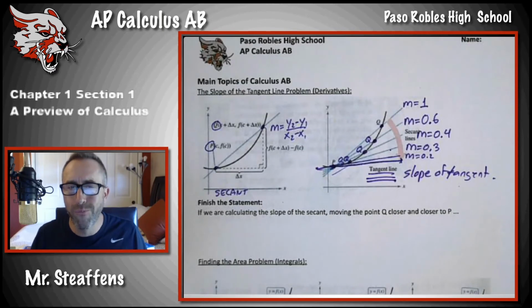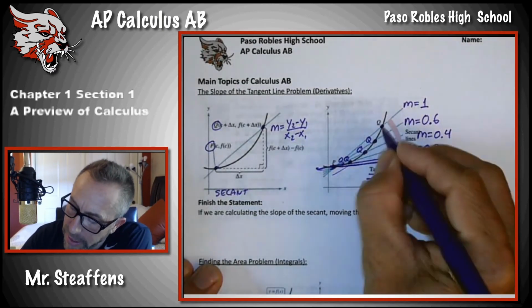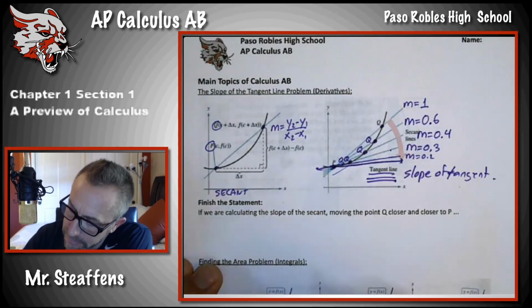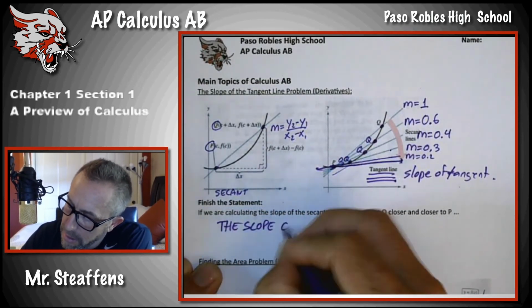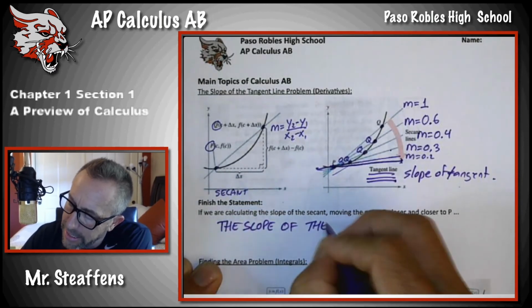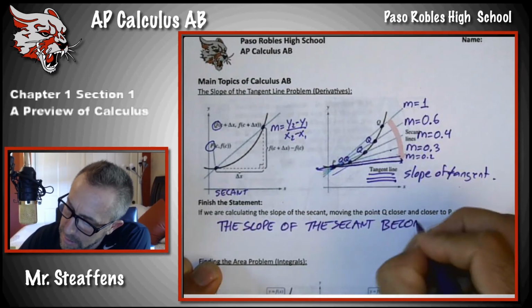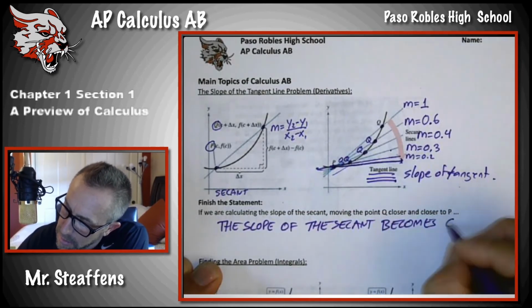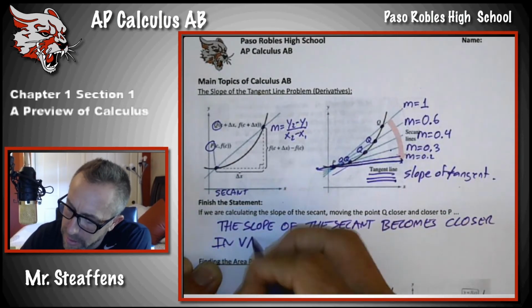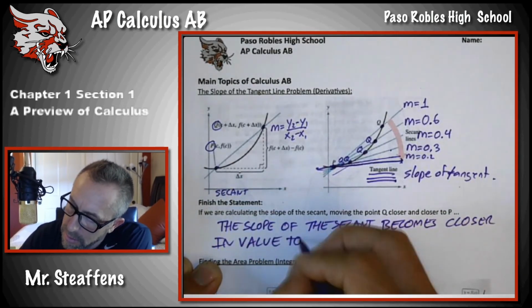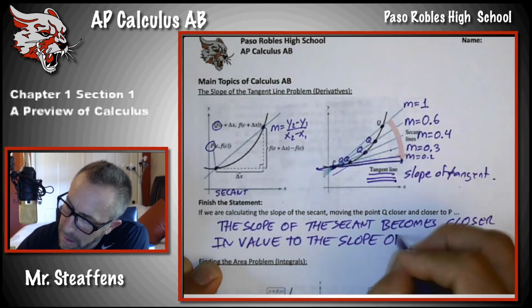All right. Hopefully, you wrote something like this. As we move this Q value closer and closer to P, the slope of the secant line becomes closer in value to the slope of the tangent line.